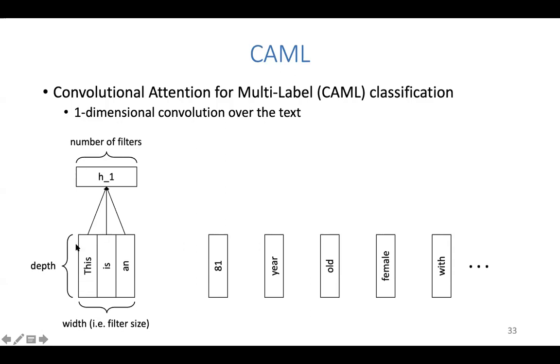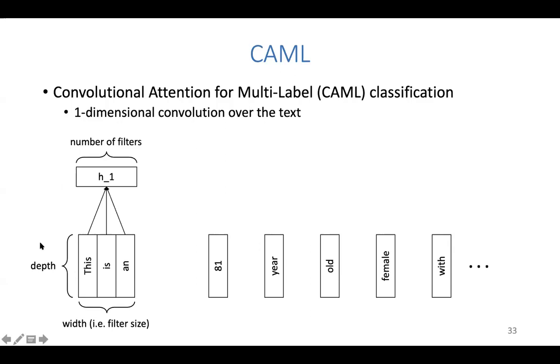If you have a single filter, there will be one scalar output for these three words. But typically in ConvNet, you have multiple filters, like 64, 128, or 256 filters. That number of filters determines the output size.